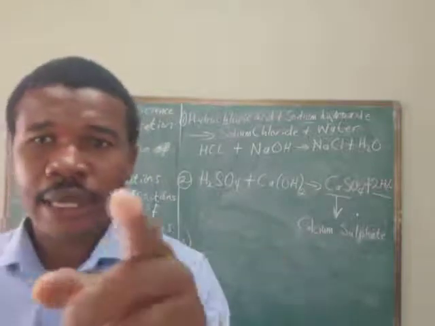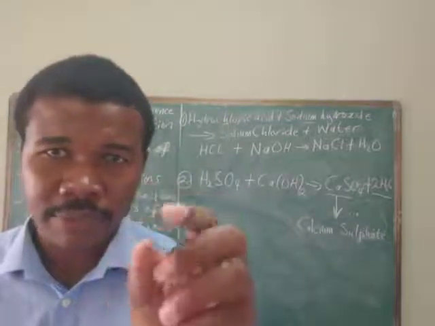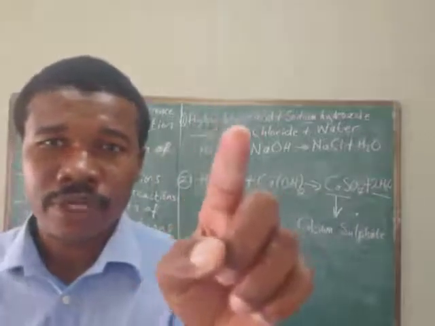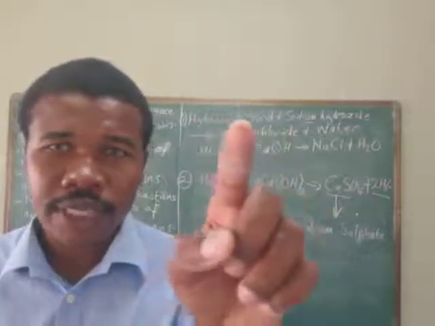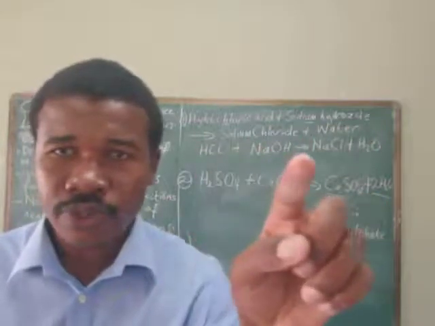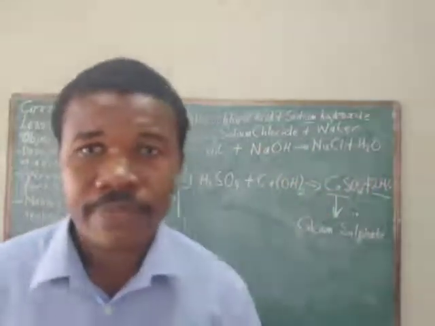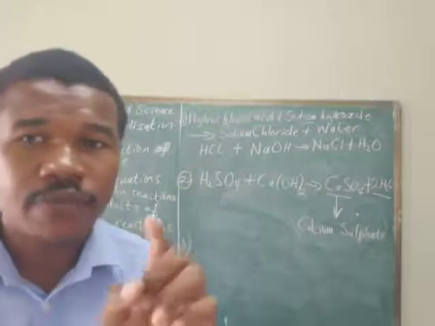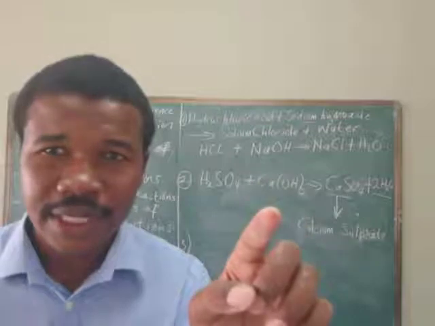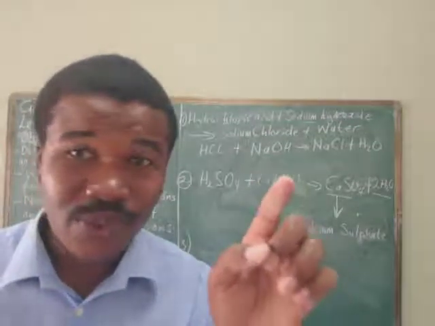So I also included a second reaction so that we get another example. For the first one, I included the word equation. If you look at where I'm pointing, that's the word equation: hydrochloric acid plus sodium hydroxide to produce sodium chloride plus water. For the second equation, it's H2SO4 plus calcium hydroxide, Ca(OH)2, with the 2 outside of the brackets.